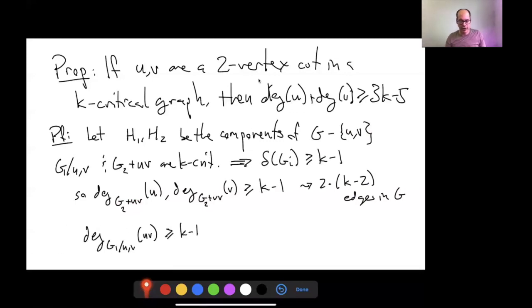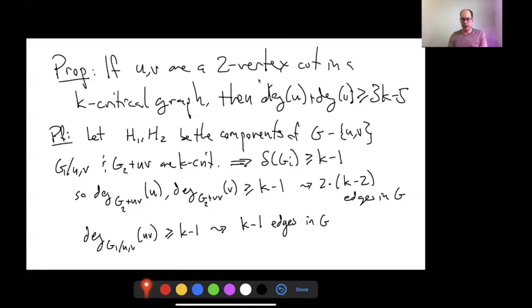So now in the graph G1, again, you have this new vertex UV. Its degree is at least K minus 1. Now, in the original graph, those K minus 1 edges emanating from this new UV correspond to edges emanating from either U or V into the graph G1.